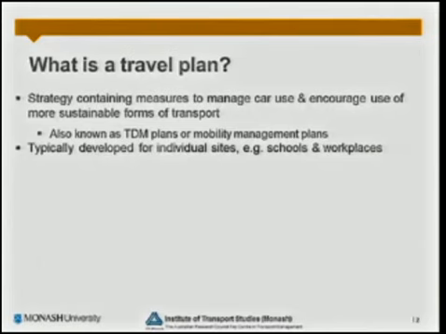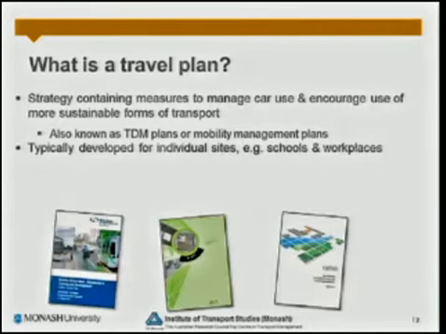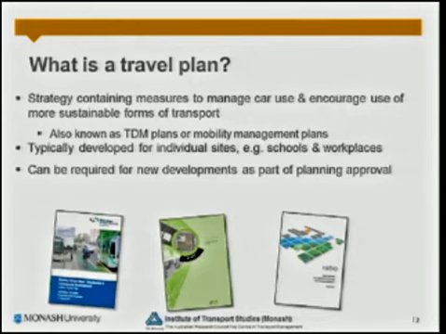But what we were seeing in Australia was increasingly new residential apartment buildings were starting to require travel plans. And as I said before, it's a document, so these travel plans are documented in a report. I'll talk a little bit later today about what's the background of the organisations that often develop the travel plans.